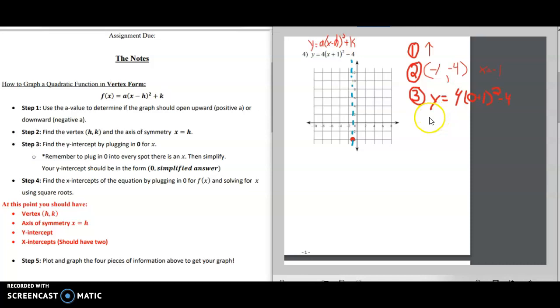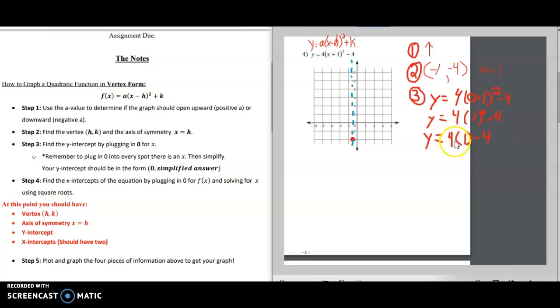Order of operations tells me PEMDAS, so parentheses first. Inside of my parentheses, I have 0 plus 1, which is 1. Next in PEMDAS, you have your parentheses, then your exponents. Well, I have a 1 squared here.